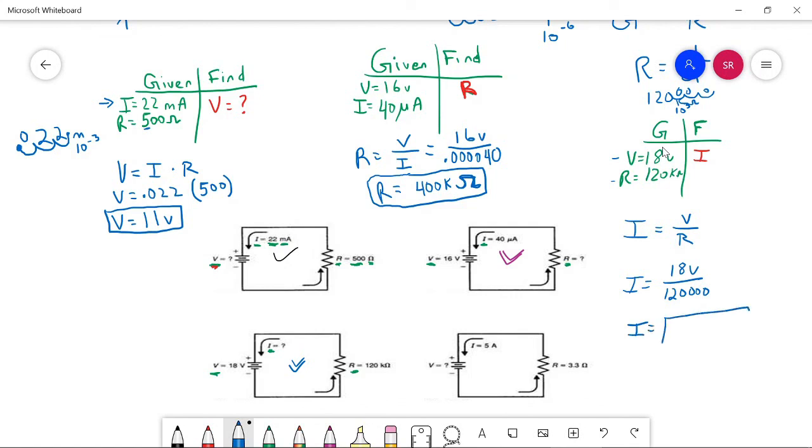Can you guys tell me? So I got point 15 milliamps. That's what I got. Maybe you got something like 150 microamps. Either way, correct answer.